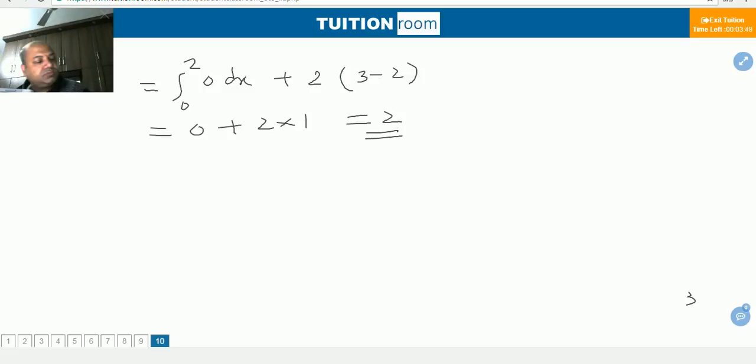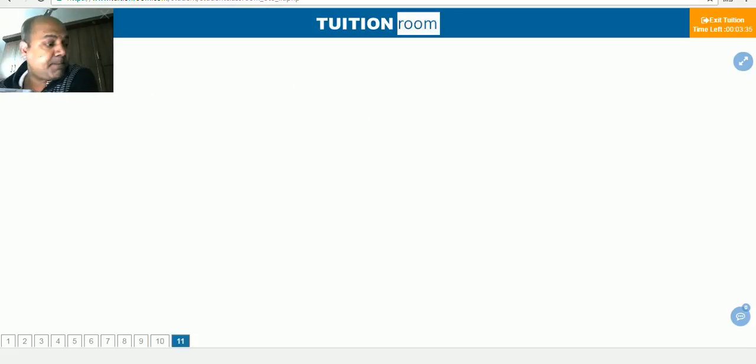He is asking that if we calculate the value of this integral, it will depend only on p, only on q, only on r, or on both.